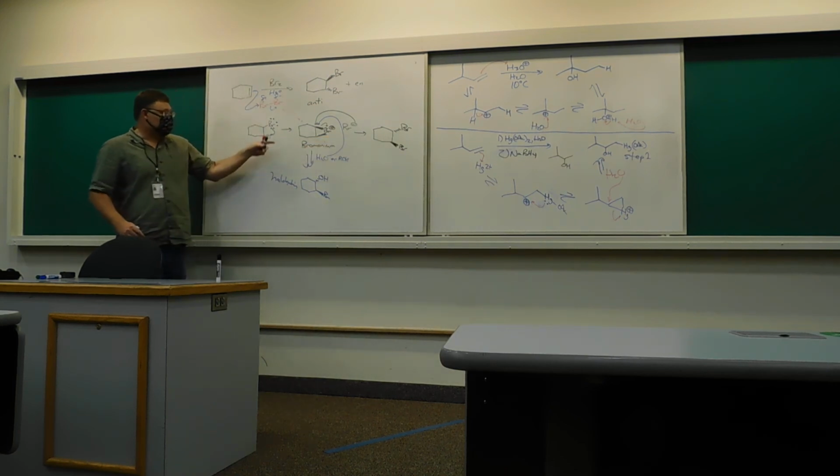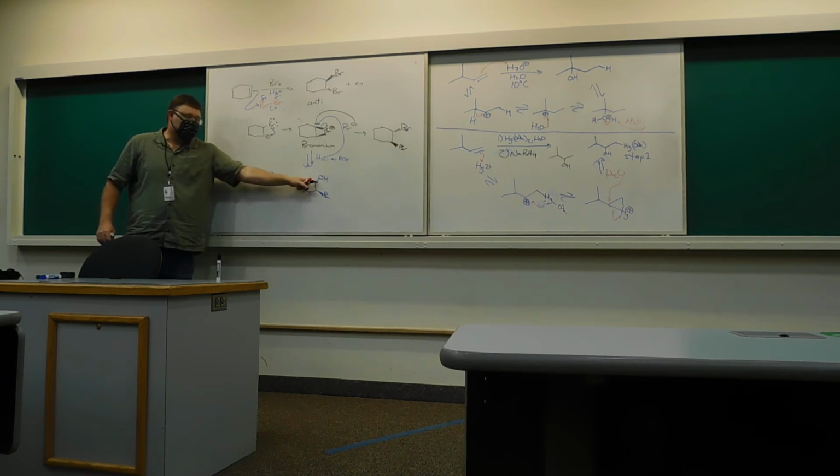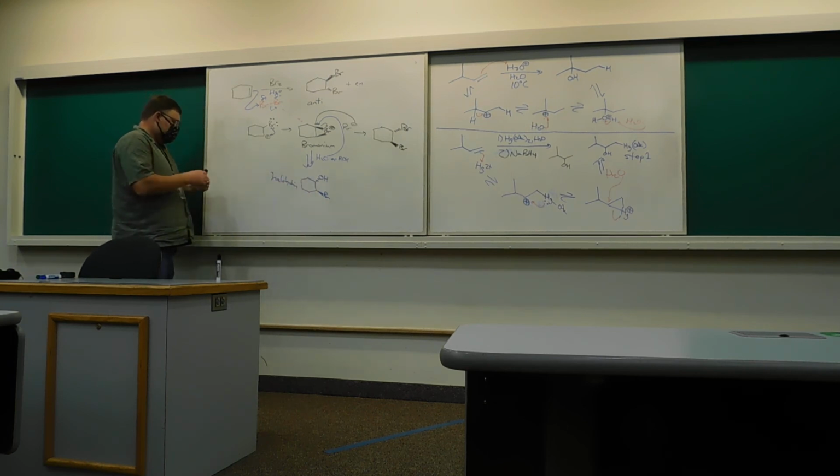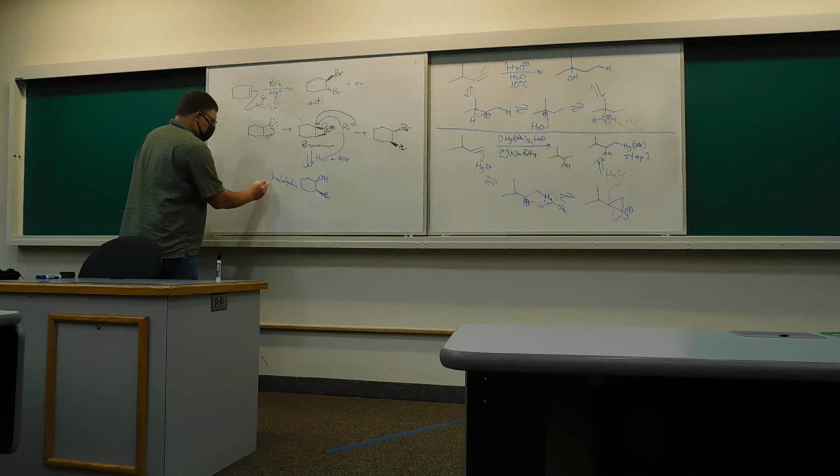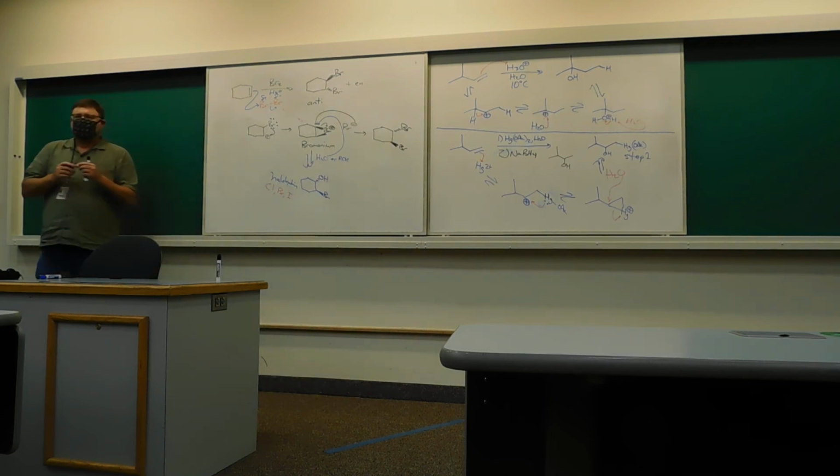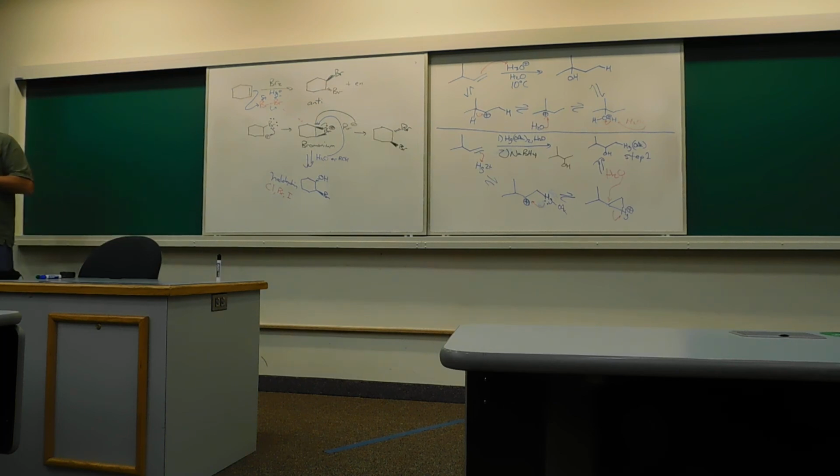If there is water or alcohol, you'll get a Br and an OH. And in the halohydrin, this works fine with Cl, Br, or I. So that's a large amount of chemistry for a day.